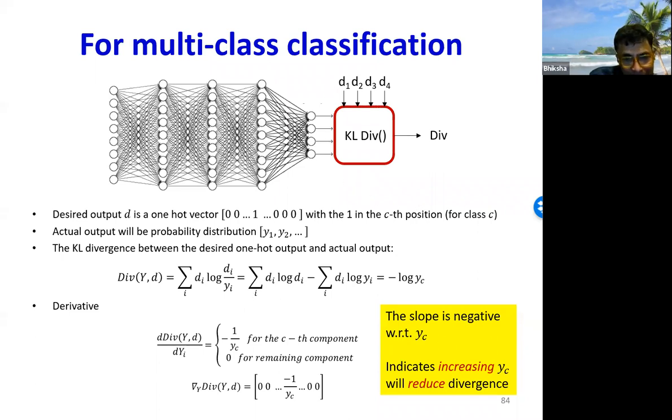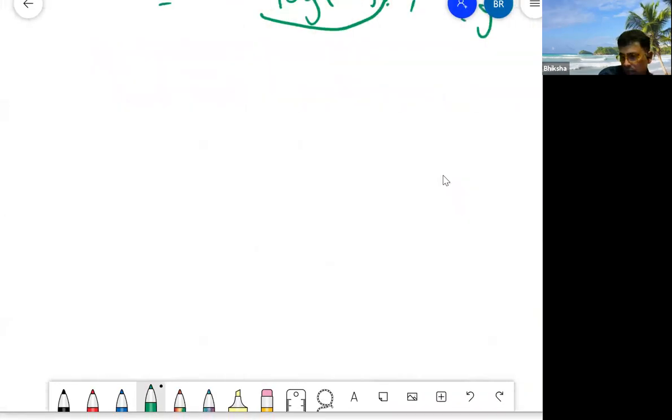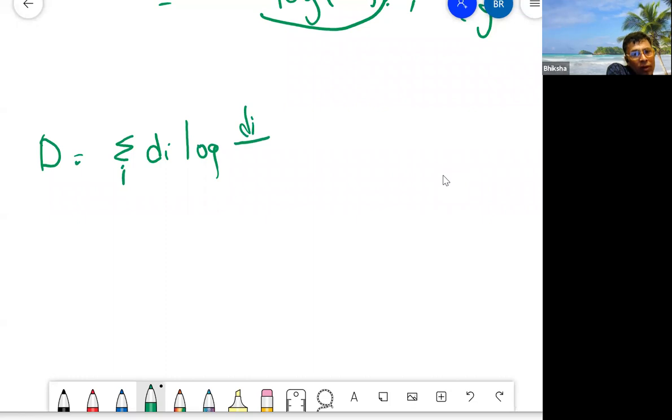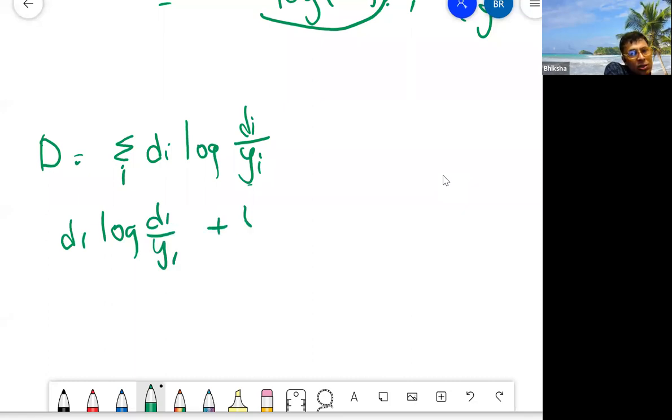With a multi-component vector, the divergence D is going to be the sum over all components of di times log of di over yi, which is d1 log d1 over y1 plus d2 log d2 over y2, and so on.